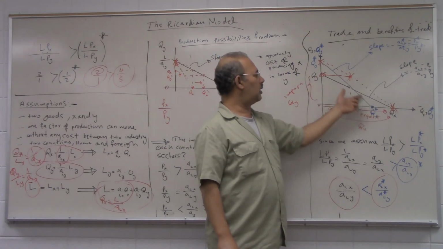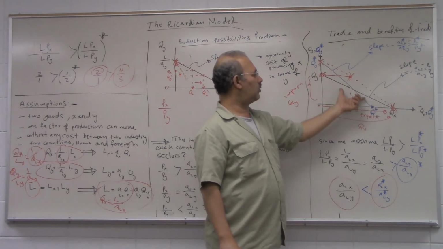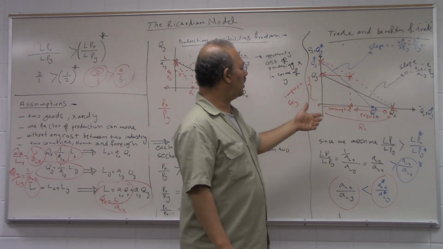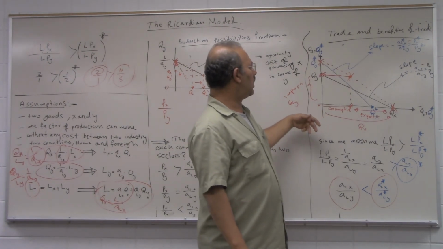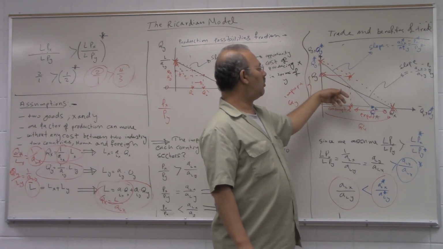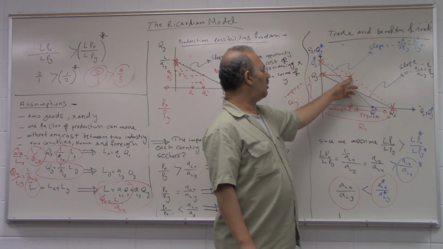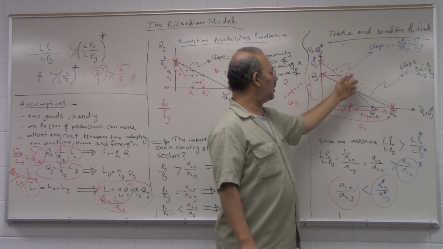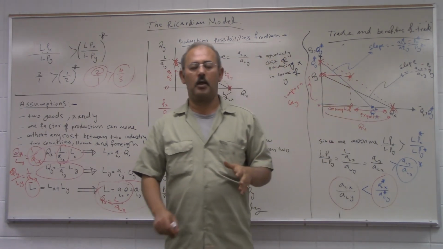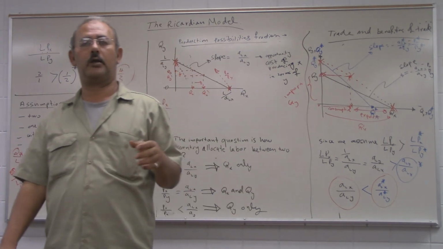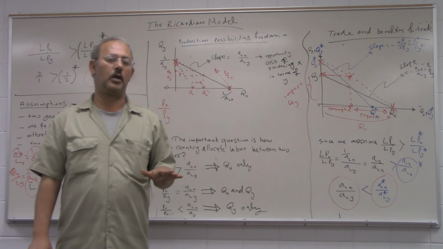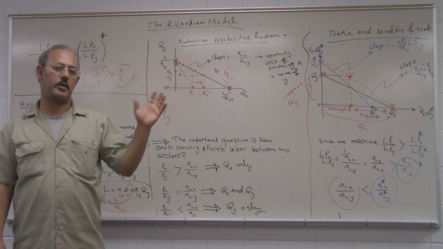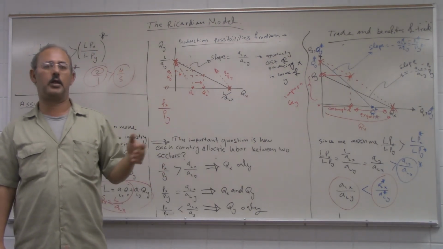This puts a limit on production of goods X and Y in the home country before trade. Then after trade, the home country can reach a more efficient point, and this is the benefit of trade between two countries in the Ricardian model, and the same is true for the foreign country.